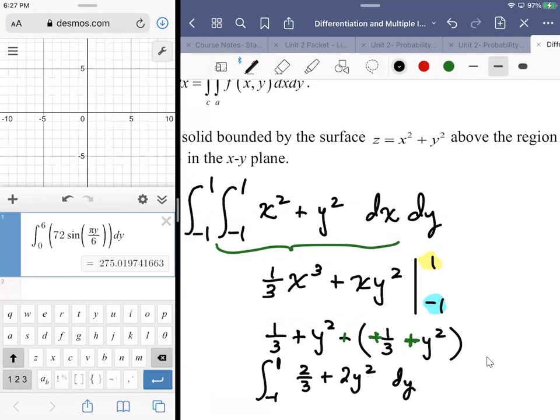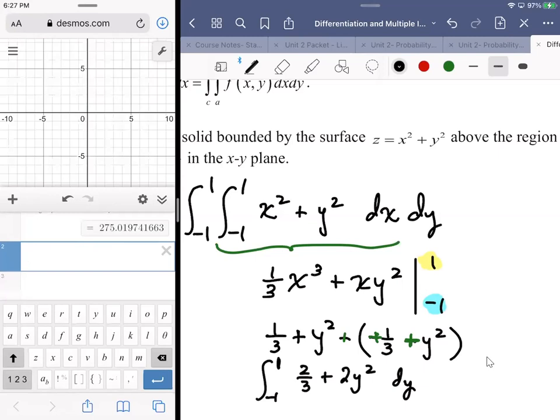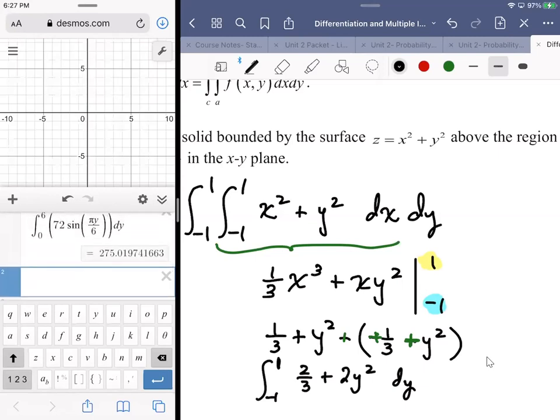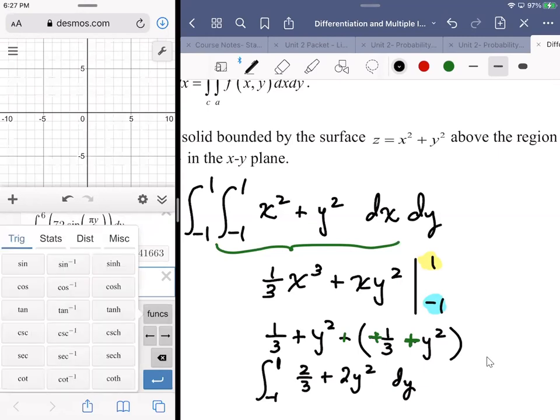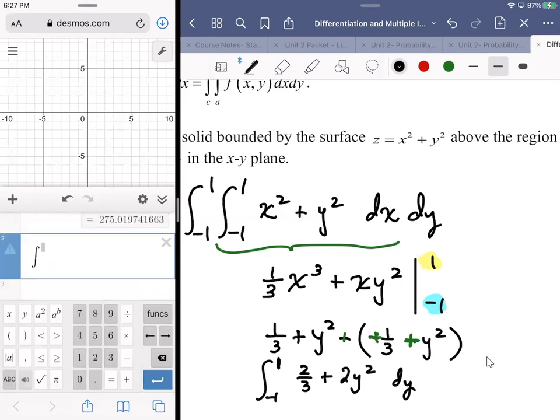And again, do it any way you want. This one's not too bad to do by hand, but if you have a choice in the matter, I say that choice should be that you let Desmos do it for you. But we all have our preferences.